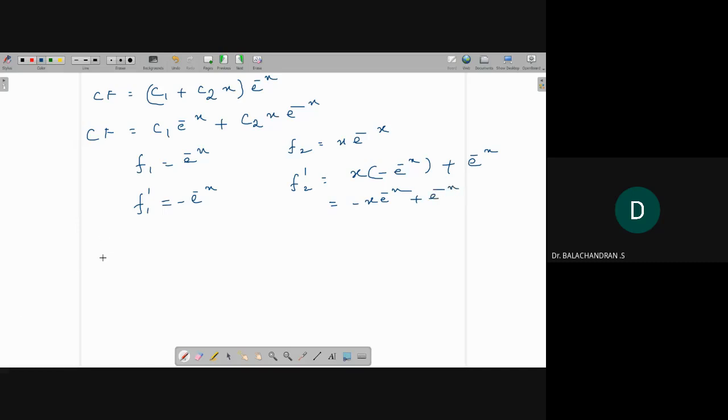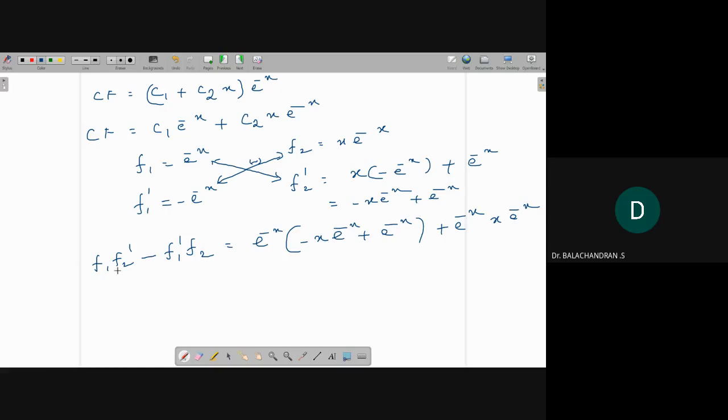Now we need to calculate f1 into f2 dash minus f1 dash into f2. Multiply these two, and multiply these two with a minus sign. If you multiply here, you'll get e power minus x into minus x e power minus x plus e power minus x, and then minus of minus is plus, so plus e power minus x into e power minus x.